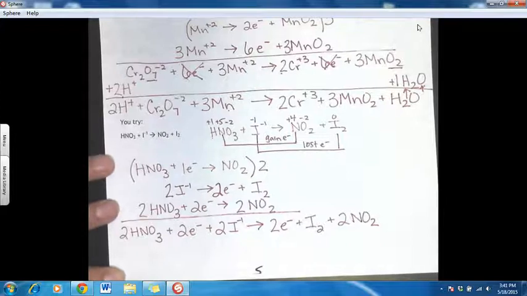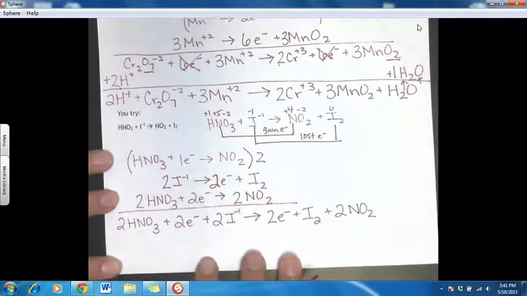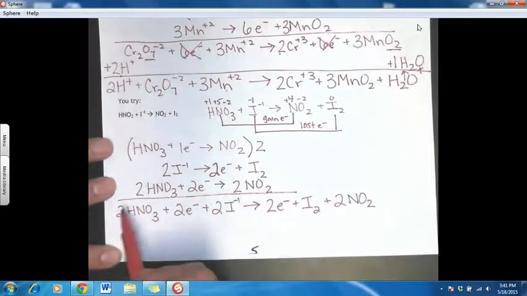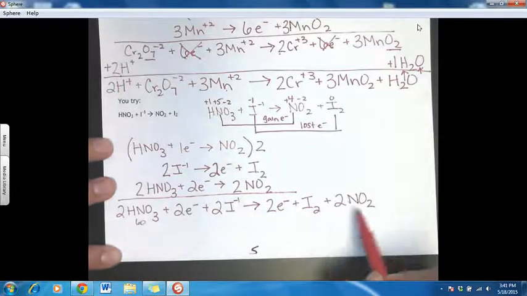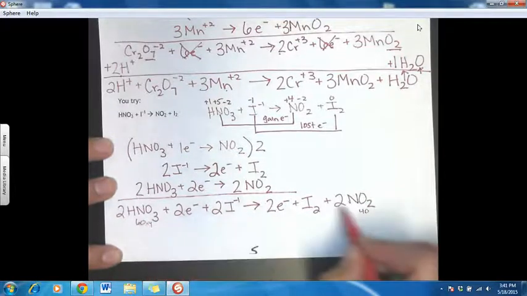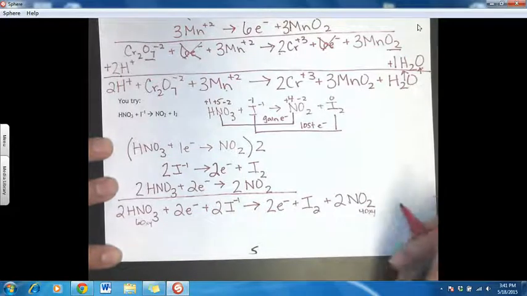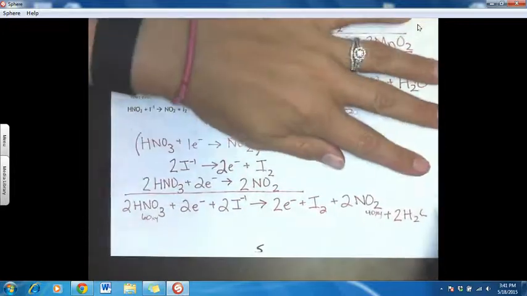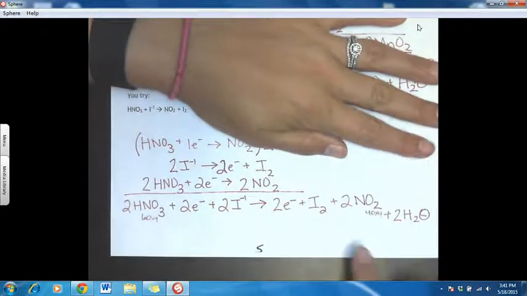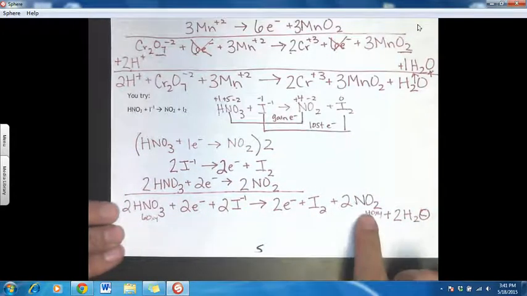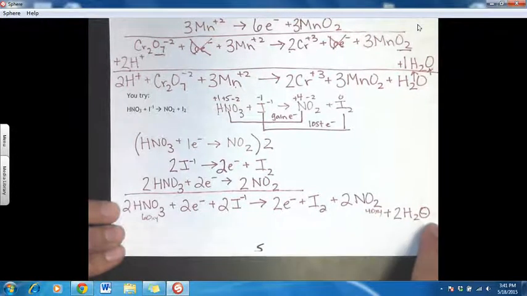Okay. Now I need to go ahead and balance my oxygens by adding water. 2 times 3 gives me 6 oxygens here. 2 times 2 gives me 4 oxygens here. So I'm going to add 2 water molecules to my right hand side to have my total oxygens be 6.